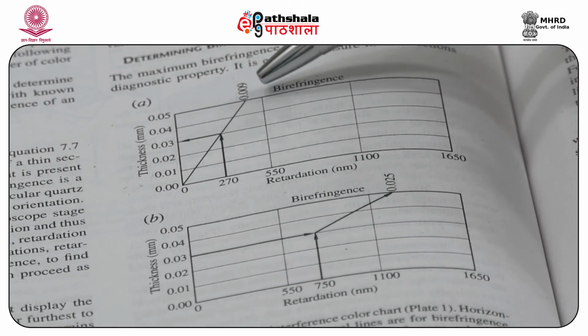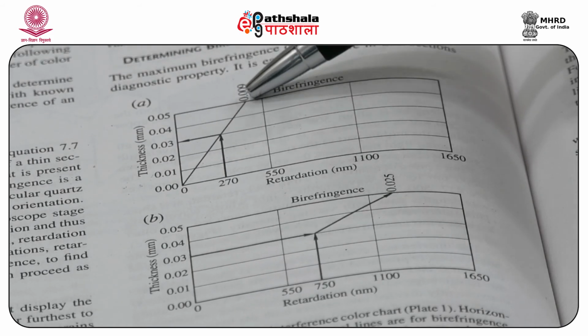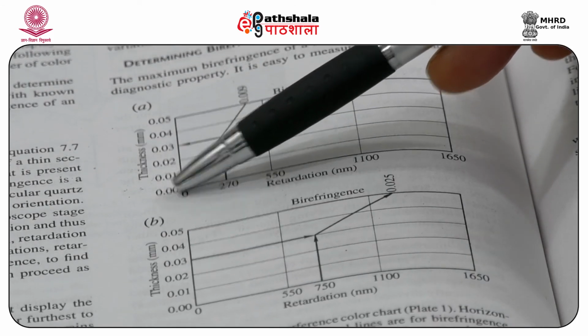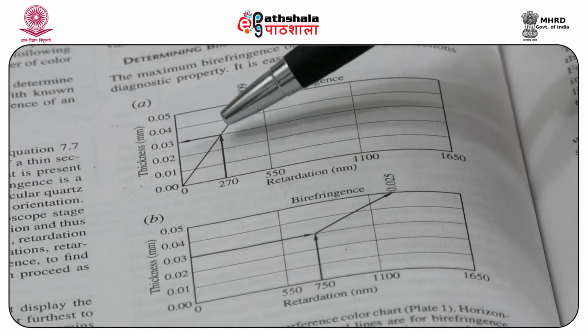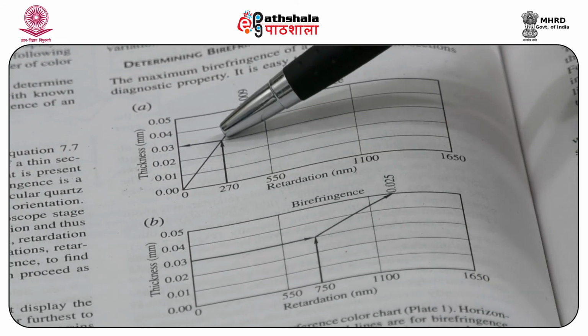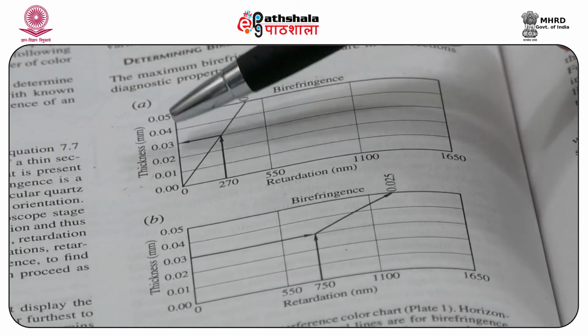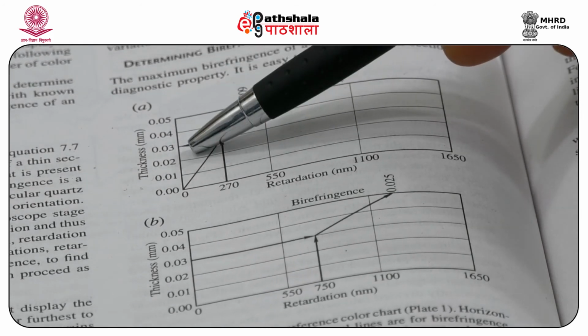Here, for instance, we have a mineral of known birefringence, 0.009. We will go across the radial line and join it to the bottom, and we will see that for a retardation of 270 nanometers we have a mineral with a known thickness of 0.03 millimeter.